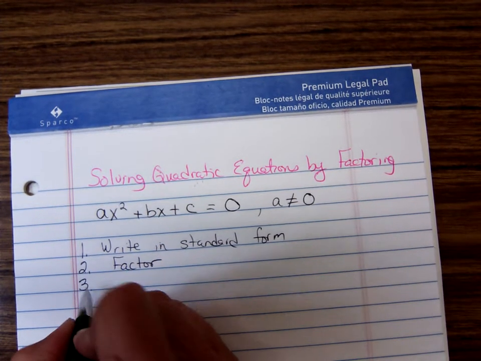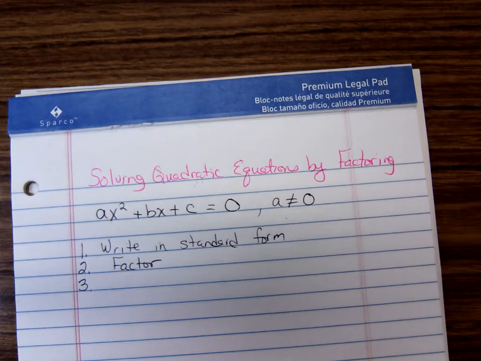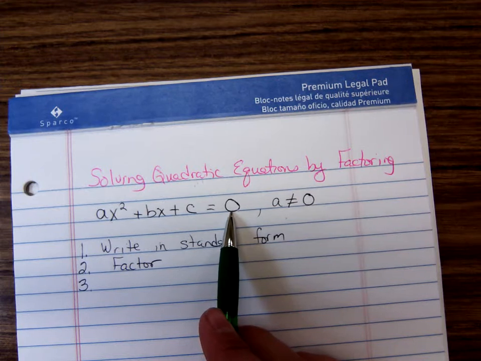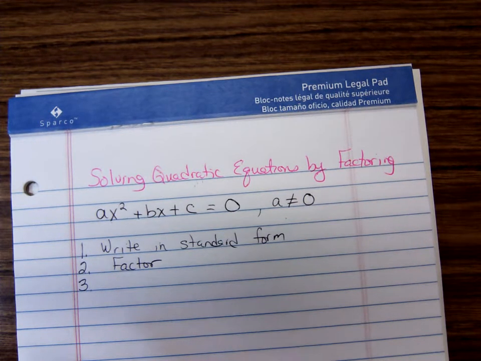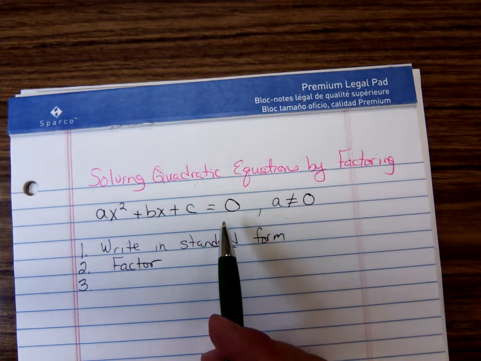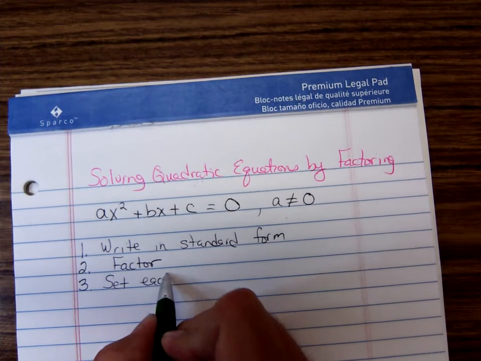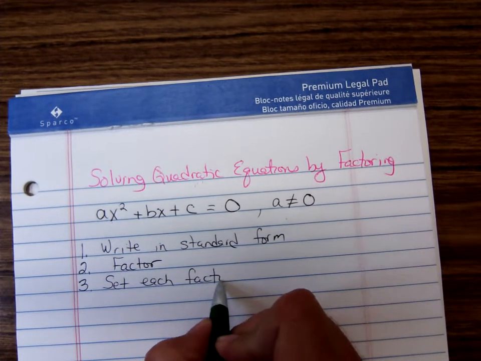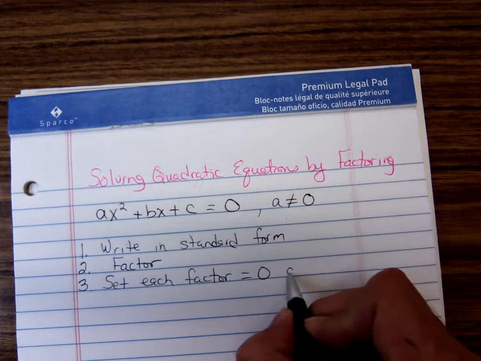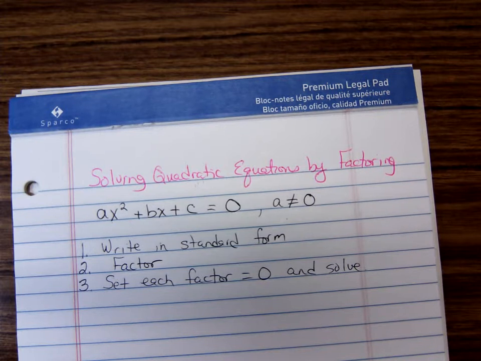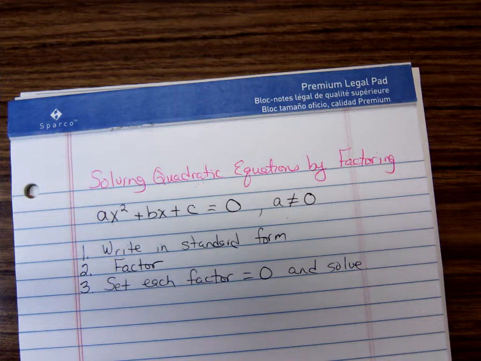Now, once you have it factored, you're going to have two sets of parentheses on the left with a 0 on the right, and so the only way these two sets of parentheses can multiply together to give 0 is if one of those is 0. So set each factor equal to 0 and solve. You're basically going to be solving two linear equations. Let's just do an example.